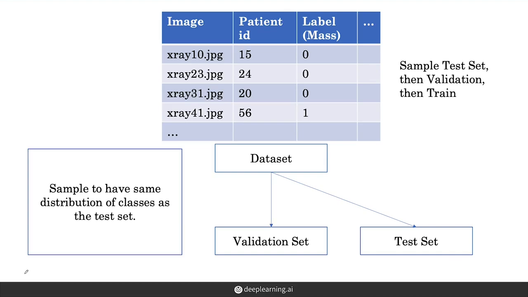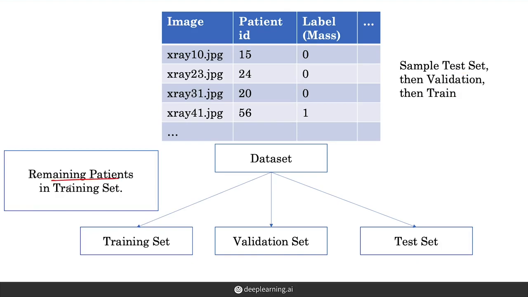Once we sample the test set, typically the validation set is sampled next before train. Because we want our validation set to reflect the distribution in the test set, typically the same sampling strategy is used. We might decide to have once again 100 examples in the validation set, of which 50 are mass and 50 are non-mass.